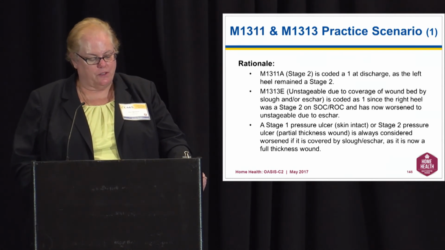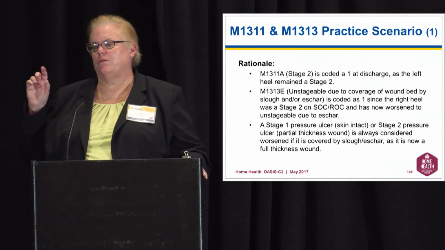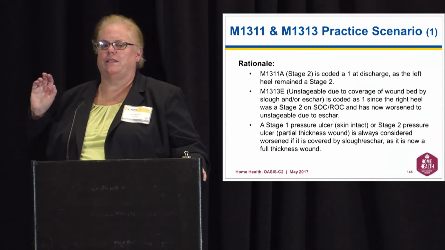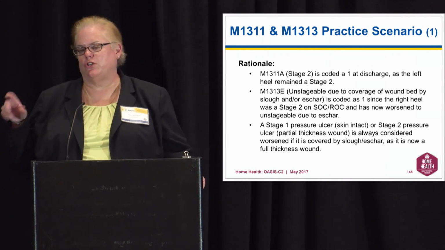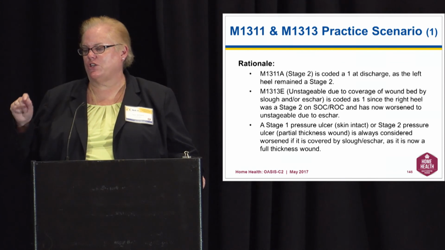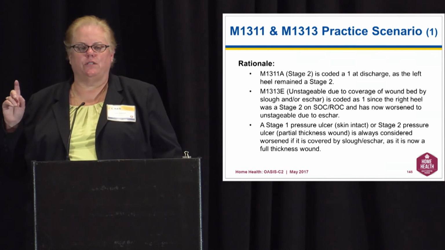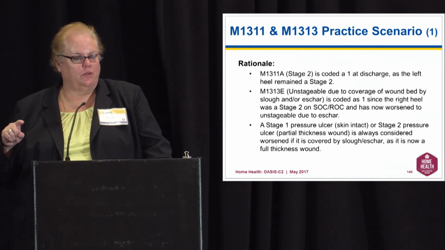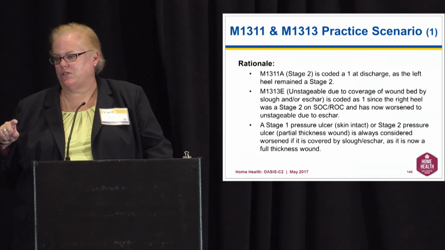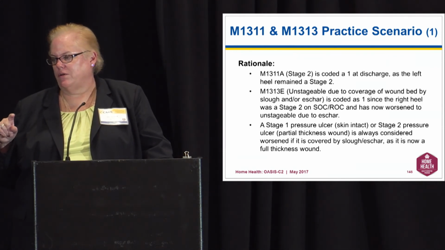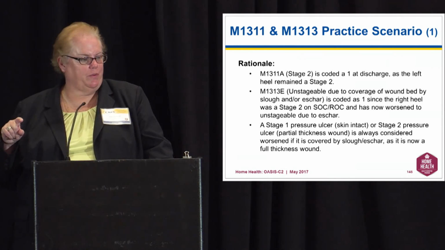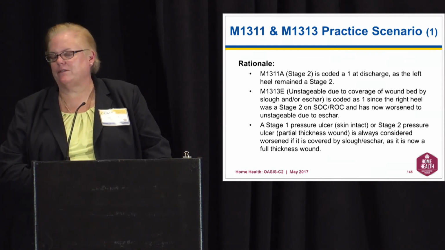So what we're saying in this scenario is, the left heel is fine, we got that. That right heel that went from that stage 2 is now actually worsened. And this is the scenario where we can say it's worsened because it's covered in eschar, because a stage 2 never can have eschar or slough in it, correct? Where are my wound care people? Correct? Yes.